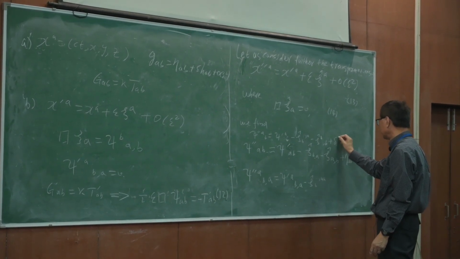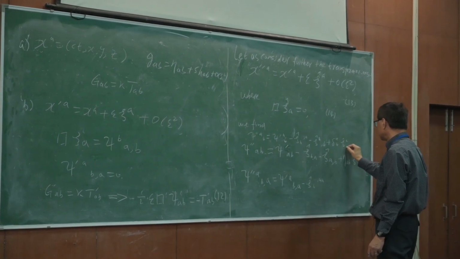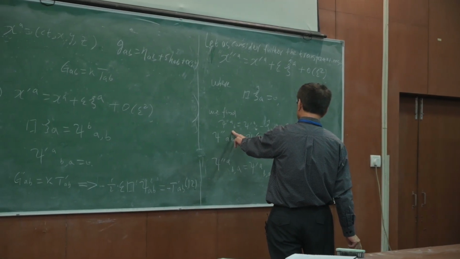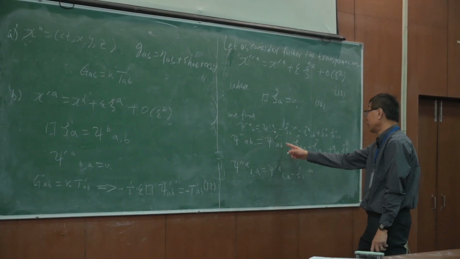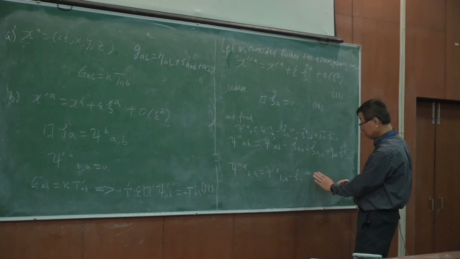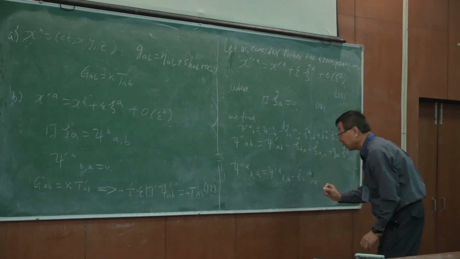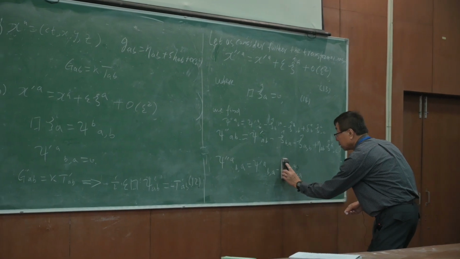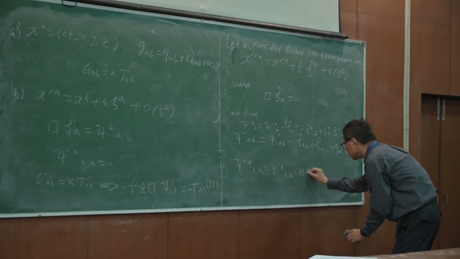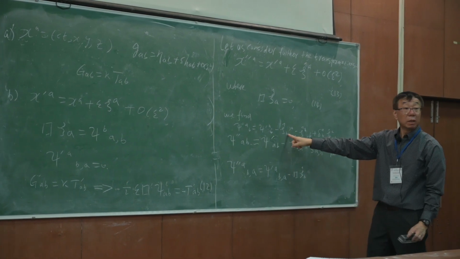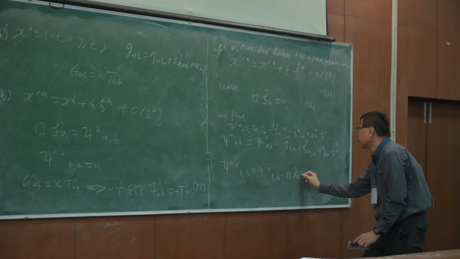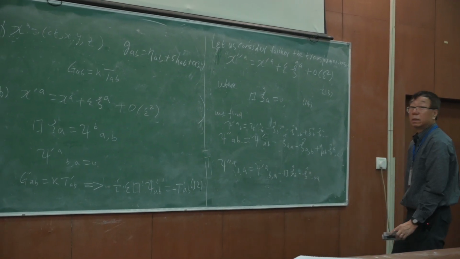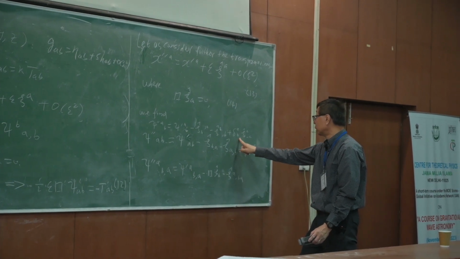Plus delta AB times C. Now I take a derivative with respect to A. Here minus psi AB, A. So this equals 0.